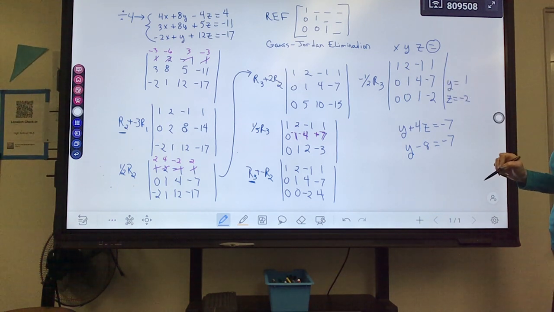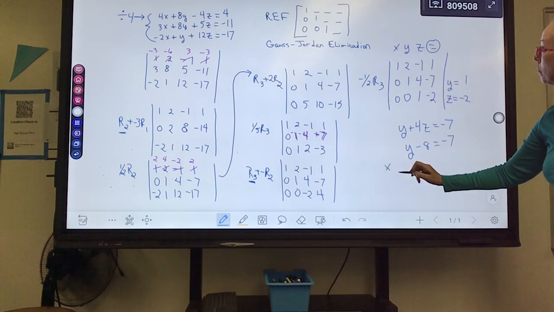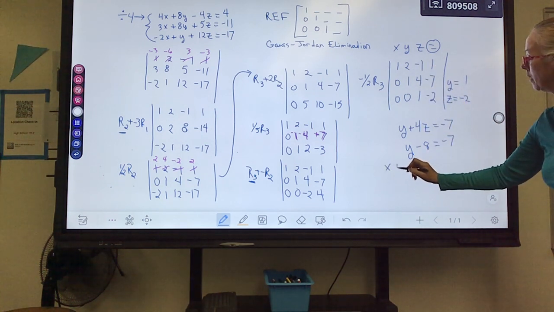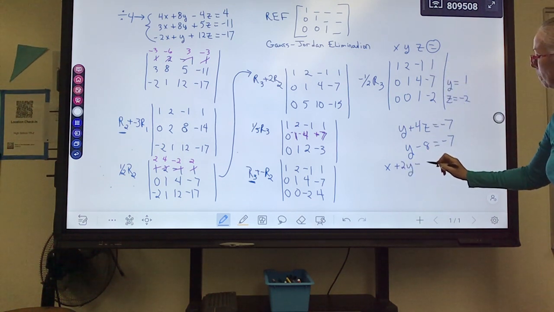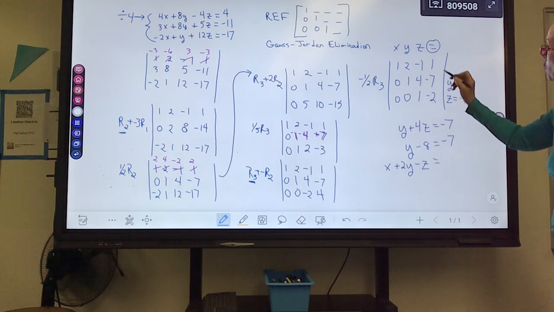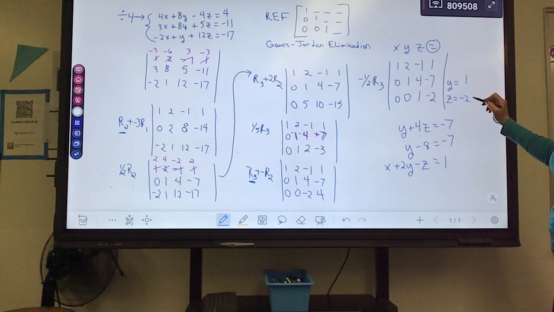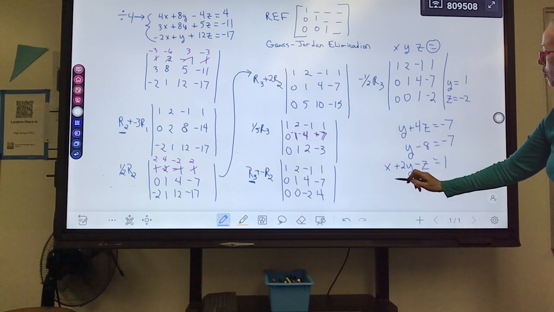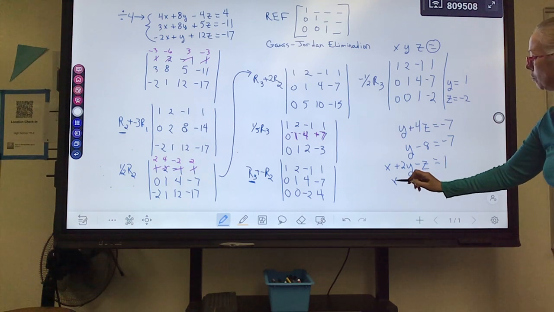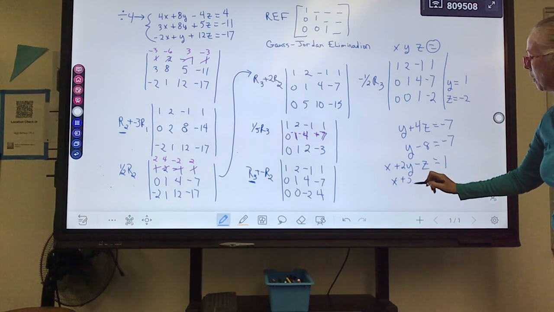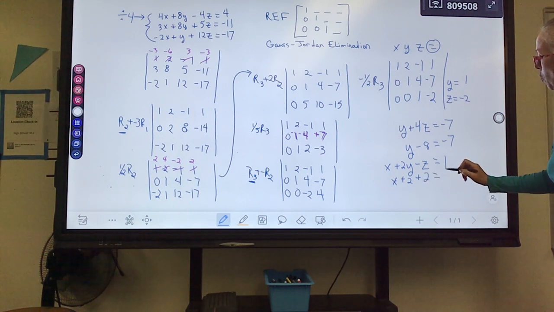I find that y is equal to 1. And the top one is x plus 2y minus z is equal to 1. Just reading this row here, I'm going to plug in my 1 and my negative 2. So x, 2 times 1 is 2, minus a minus 2 is equal to 1.